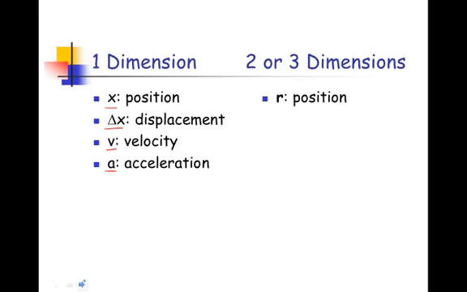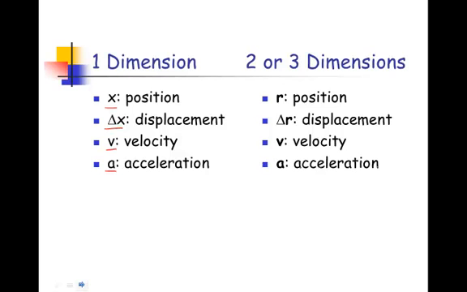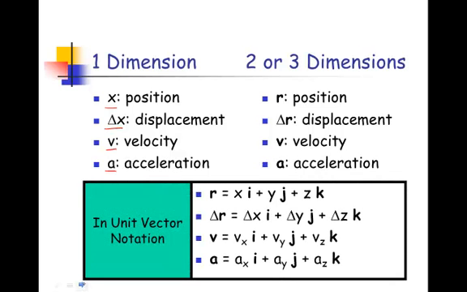In 2 or 3 dimensions, the r vector is our position vector, delta r is our displacement vector, v is our velocity vector, a is our acceleration vector, and in unit vector notation, we would write them out like this. The position vector would be x i hat plus y j hat plus z k hat.